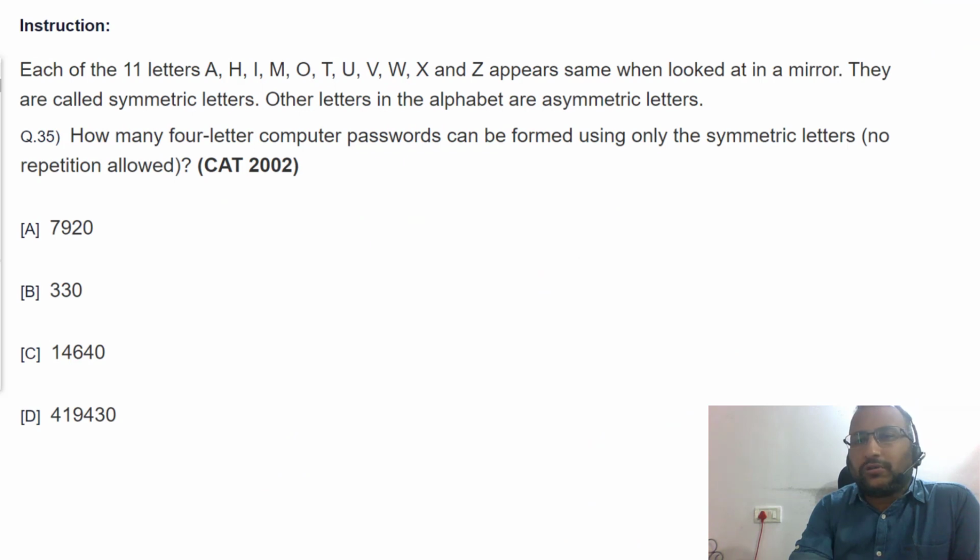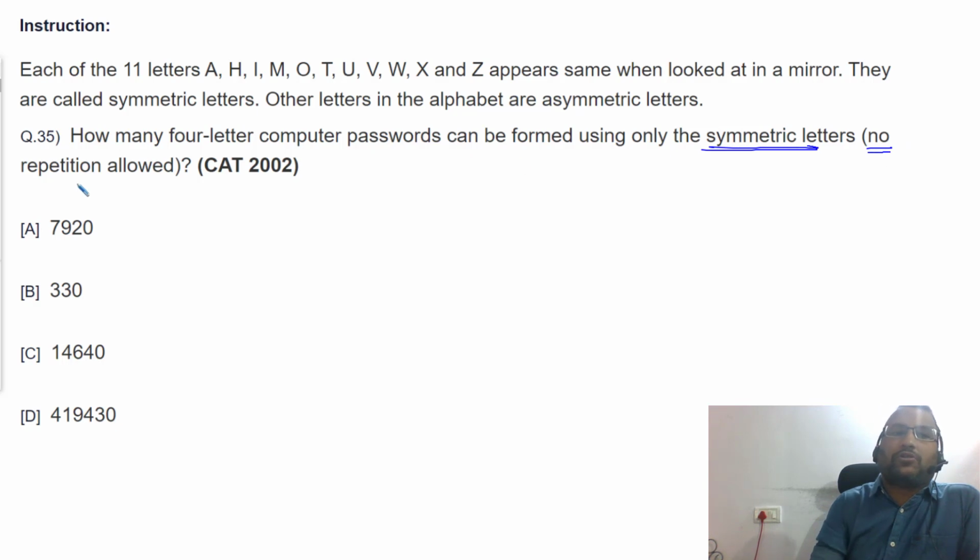The next question is, by using the same data, how many 4-letter computer passwords can be formed using only symmetric letters without repetition? So what we are supposed to do over here is that out of 11 symmetric letters you need to choose 4 symmetric letters, and then you can arrange those 4 letters in 4 factorial ways, everyone. So this is our answer here.